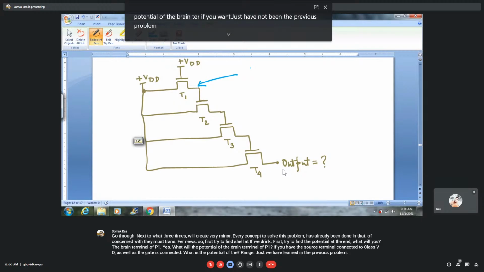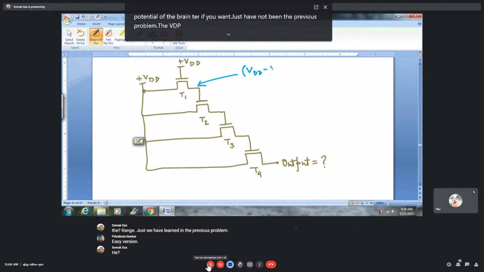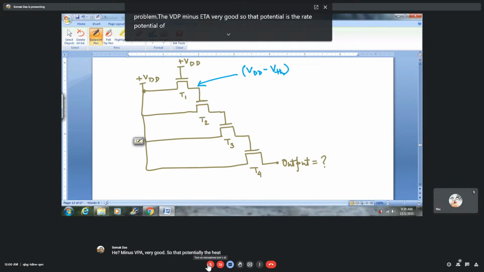VDD minus VTH. Very good. So that potential is the gate potential of T2. Gate potential of T2 is VDD minus VTH. It is not VDD.